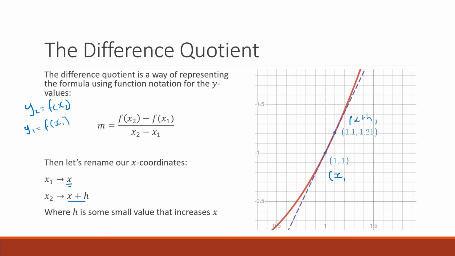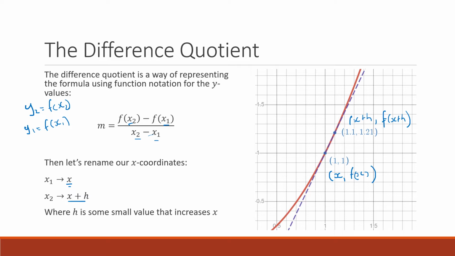What that means is the y values will then change to be f of x and f of x plus h. So instead of x2 and x1, we're just going to change to these values.